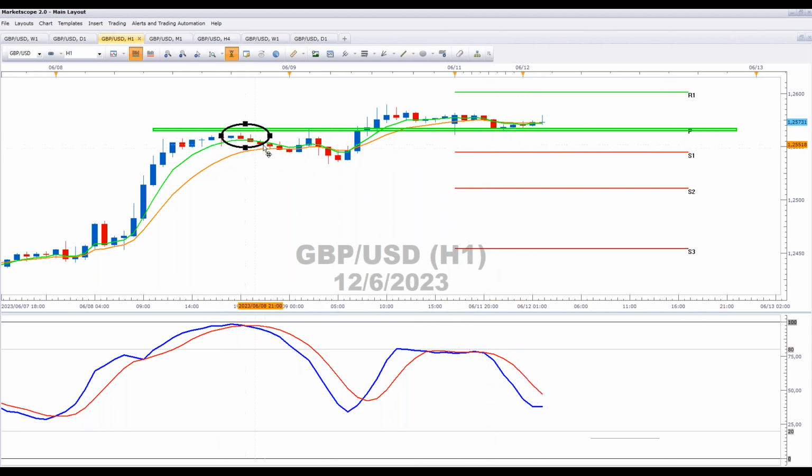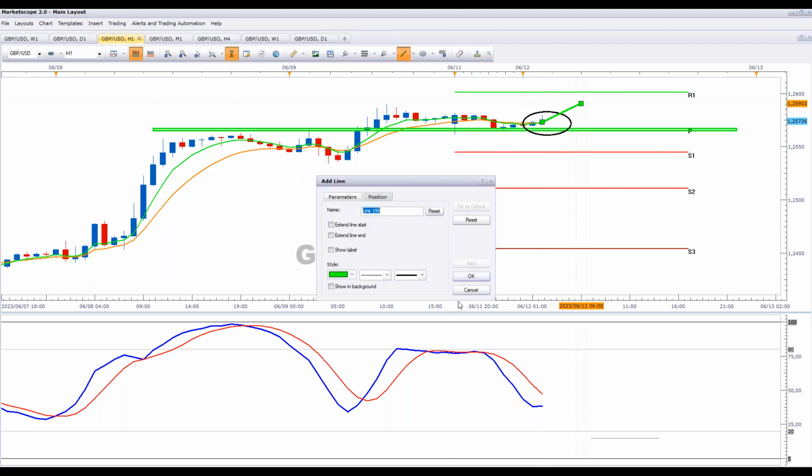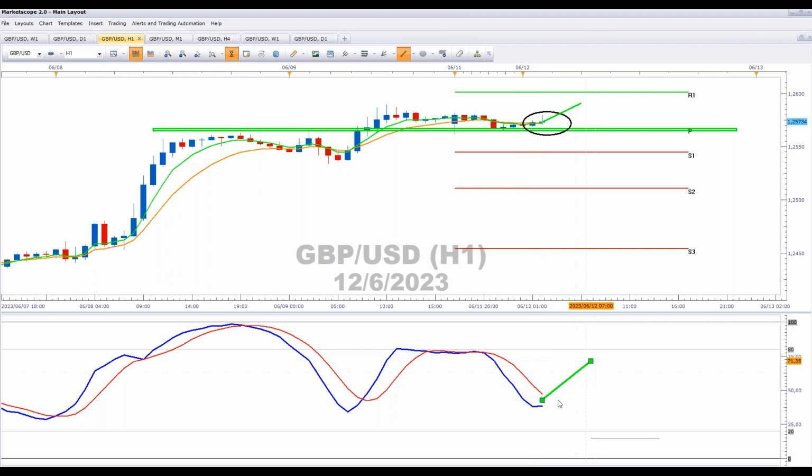So this is the principle of polarity, where resistance is turning into support right on that central pivot. Now we can keep an eye on the moving averages. Are we going to get some angle and separation to the northeast? We want angle and separation to the northeast, and we want the stochastic to cross over. So there's a little bit more work to be done on the hourly chart.